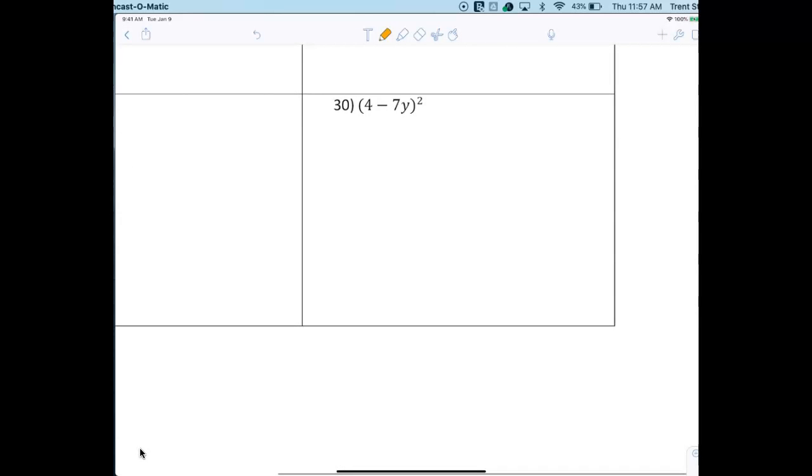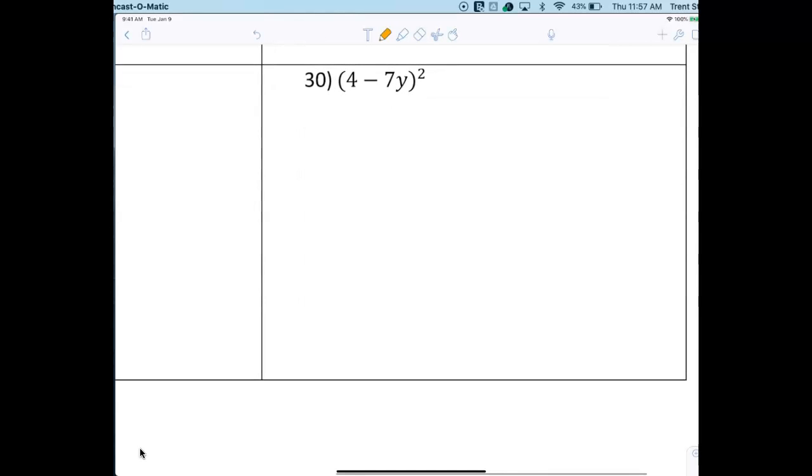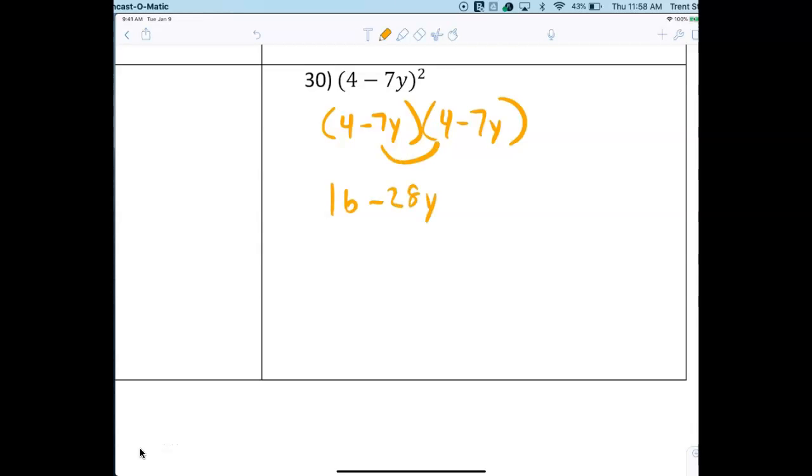I tried to mess you up on number 30. Look at 30. The order doesn't matter, so we're just going to go 4 minus 7y, 4 minus 7y. 4 times 4. First smiley face. Second smiley face: negative 28.